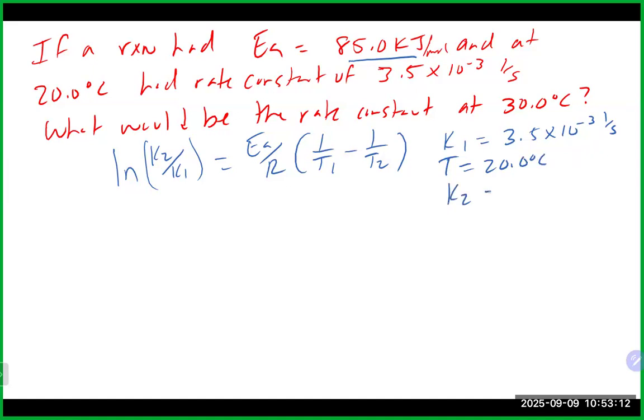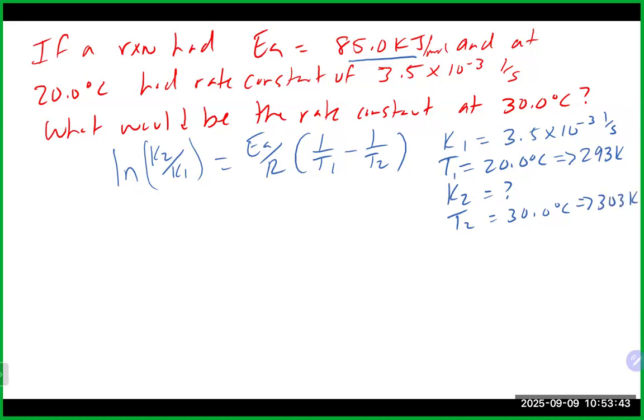We are looking for the other K value at a temperature of 30 degrees Celsius. So we got pretty much almost everything we need there. We do need to do some conversions, obviously, of our temperatures into Kelvin. So if we add 273 to it there, we got 293 Kelvin, and 30 plus 273, 303 Kelvin here.